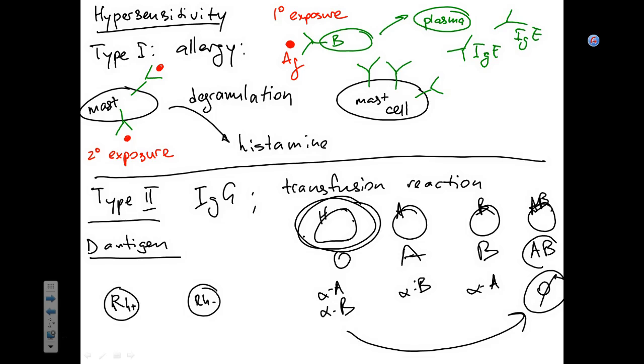Why do we pay attention to it? What I'm saying is, why do we actually pay attention to blood groups in the first place?